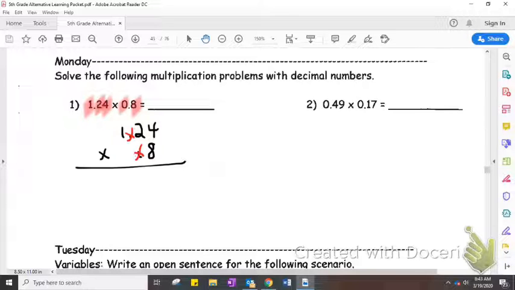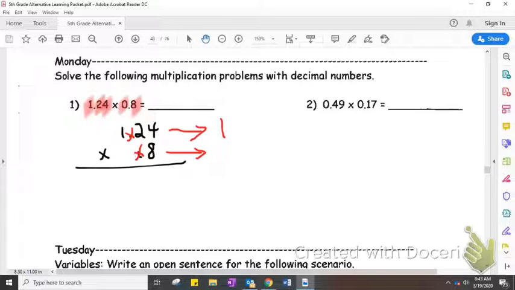Alright, so 1 24/100, I can estimate that's about 1. If you had $1.24, you have about $1. Again, I don't need to make a perfect estimate. I don't need to round perfectly. I'm just trying to help myself at the end when I'm figuring out where to put the decimal point. 8/10.